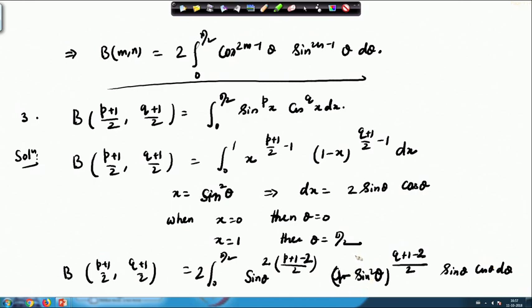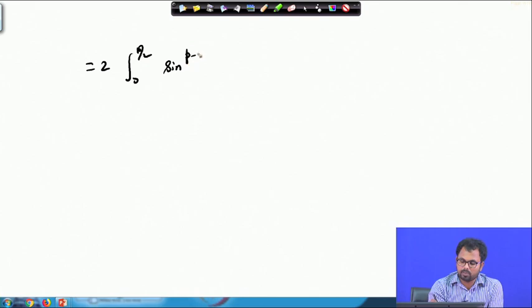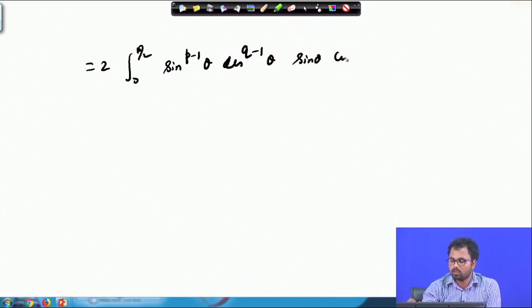The 2s get cancelled, so we will basically end up with 2 times integral from 0 to pi by 2 sine to the power p minus 1 theta times cos to the power q minus 1 theta, then sine theta cos theta d theta. So, 1 sine will come here and it will turn into sine p theta, 1 cos will come here and it will turn into cos q theta. So, we will have sine p theta cos q theta d theta.